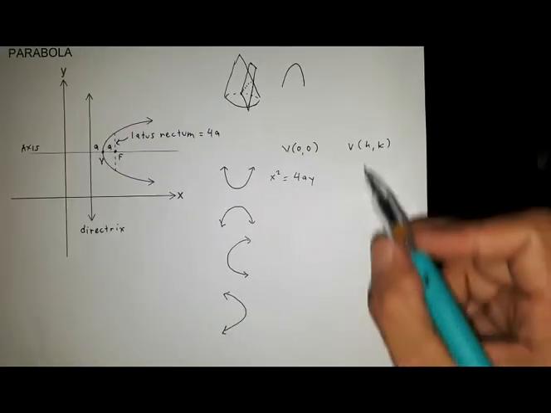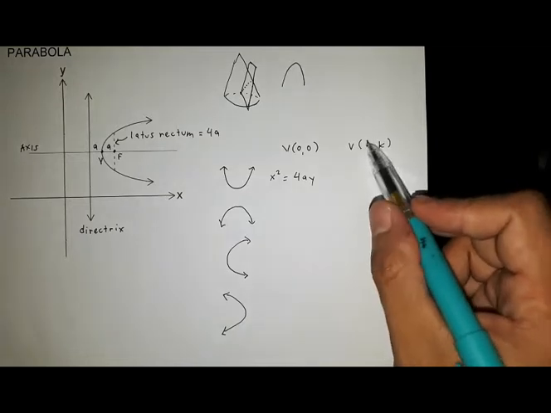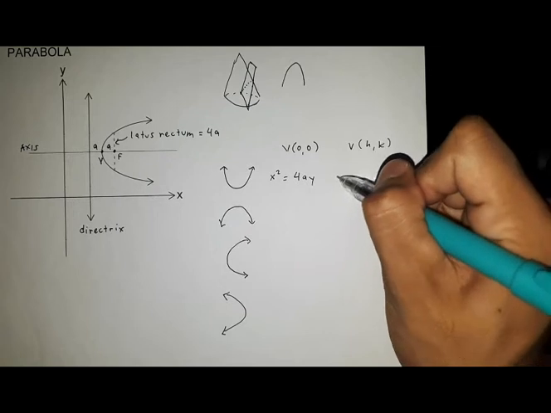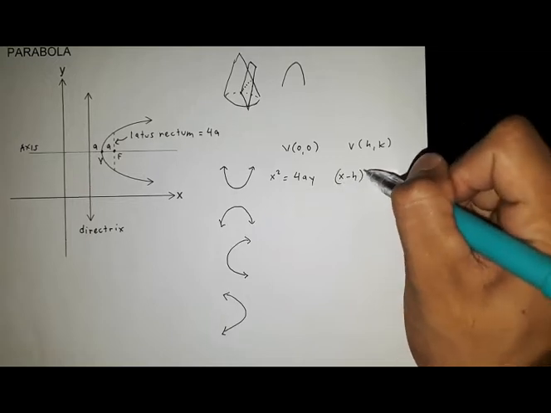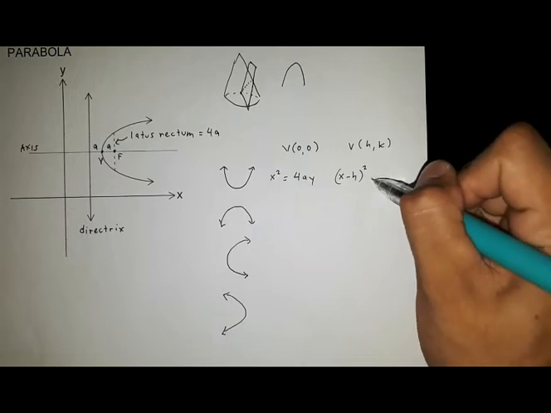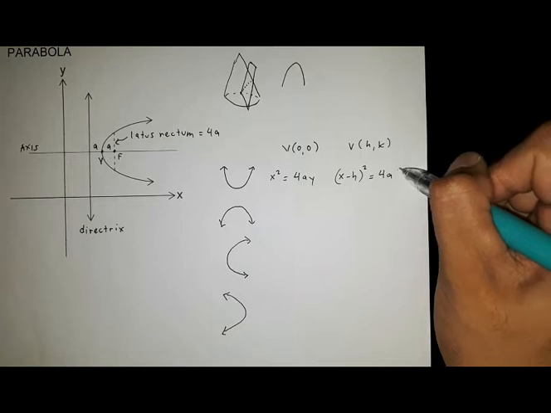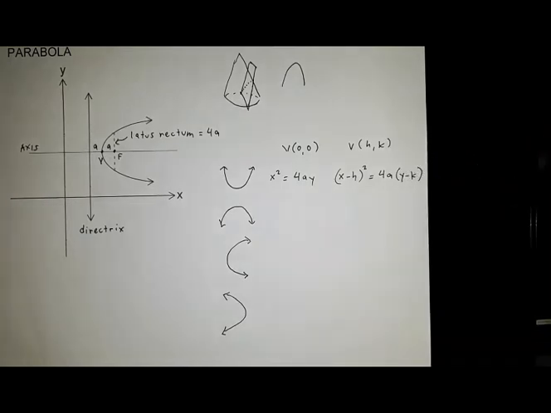On the other hand, if your vertex of the parabola is located at the coordinate (h, k), the equation will be (x minus h) squared equals 4a times (y minus k).